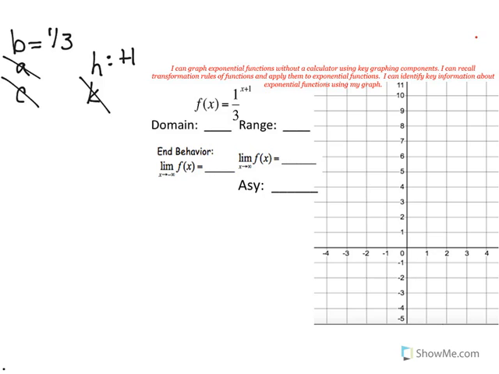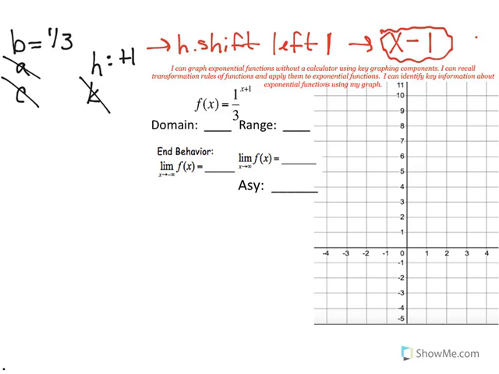So if we are given x plus 1, then that means we're going to have a horizontal shift left 1, or we will be moving in the negative direction 1, or every x value will be subtracted by 1. That is what we've got to do to our coordinate values in our chart.